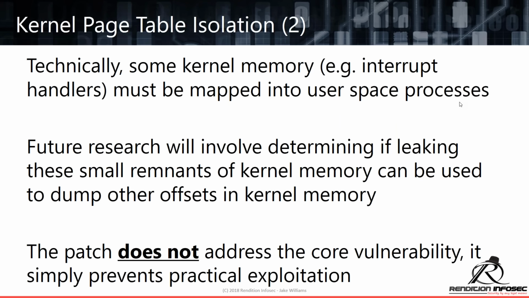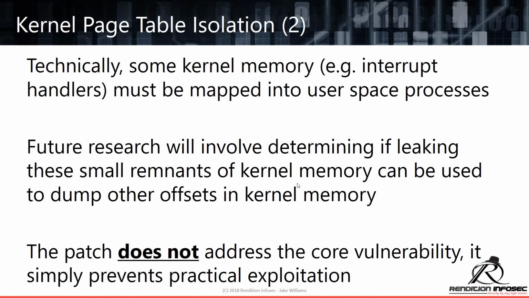And look, I suspect a lot of our research is going to involve in the future trying to determine, because we may still be able to leak some of these addresses out, the interrupt handlers, certainly today you can. And as you leak these interrupt handlers out in kernel memory, can you use the knowledge that you gain? So don't picture this as a single attack.